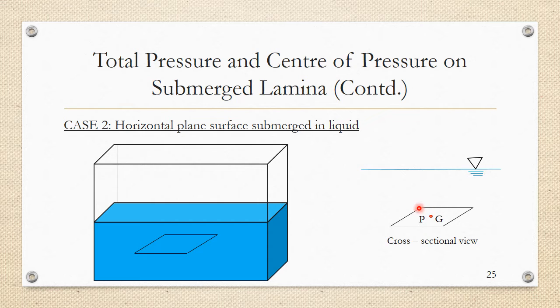And so, for this particular case, center of pressure and center of gravity both are at a distance equal to the depth h of this plate below the free surface. So here h bar, h star and h are going to be equal.